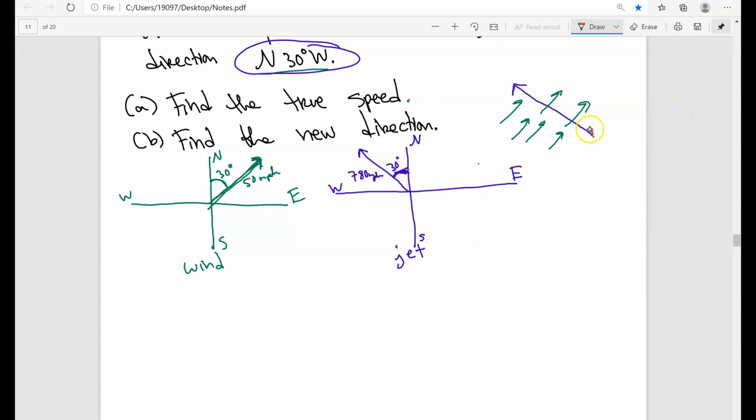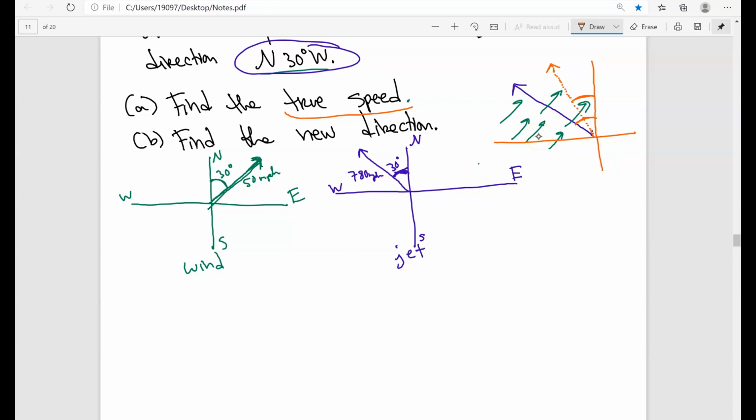This one is now going to be offset, because the wind is pushing it. The speed might increase or decrease, and the angle with north, south, east, west is no longer going to be 30 degrees. It's going to be something less. So the bearing now is going to be much less. Now we have to figure out how much influence the wind has.